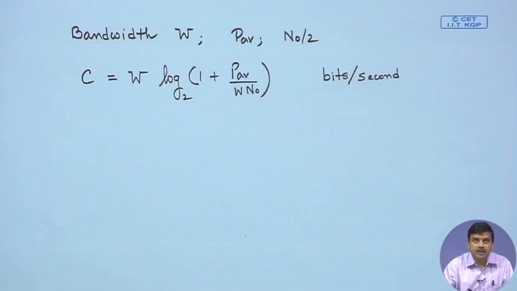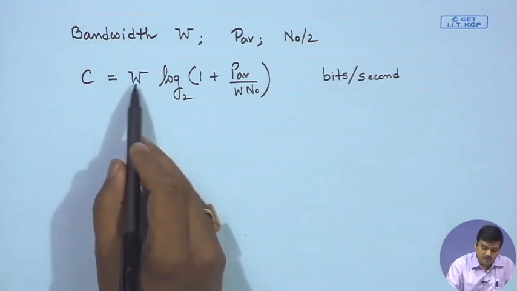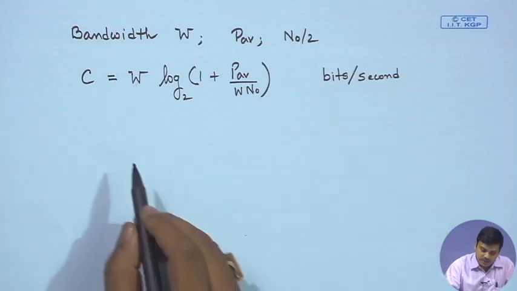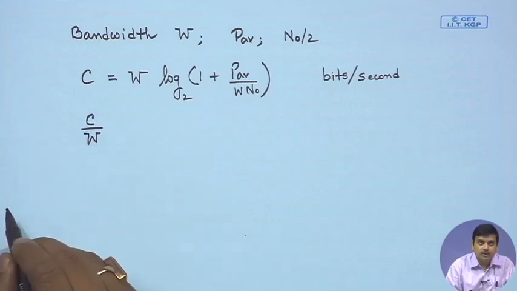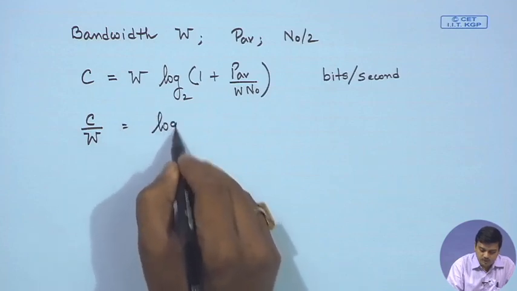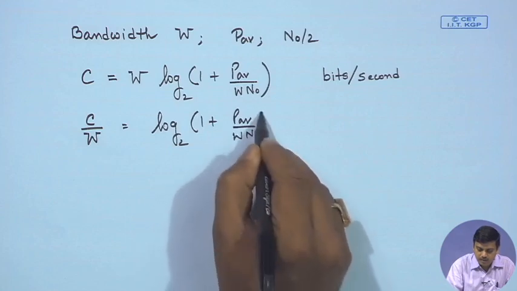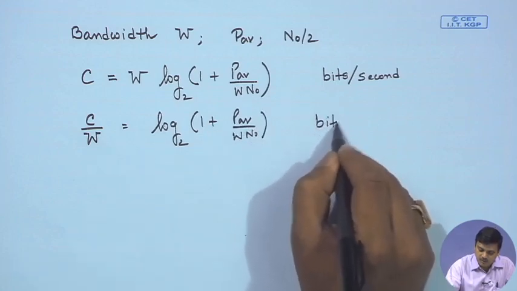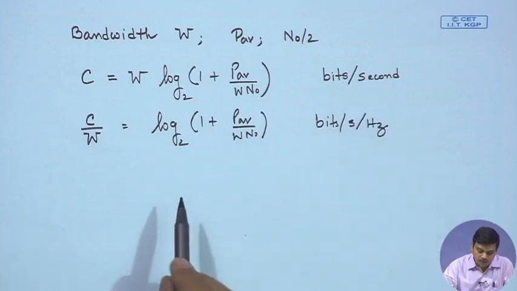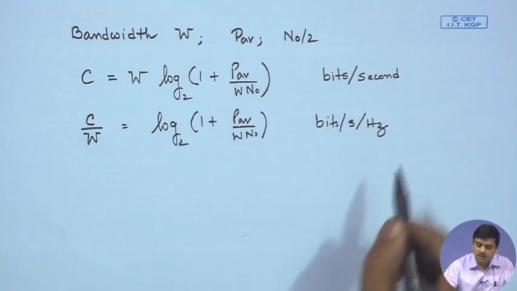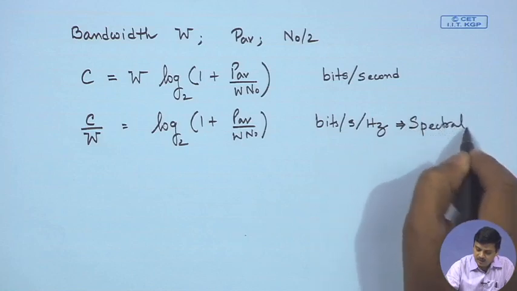You could also say bits per channel use, where the channel use T is 1 upon W. Generally we are interested in the term C upon W, which is log base 2 of 1 plus PAV by W N naught, in bits per second per hertz. Bits per second per hertz is an important entity, also known as spectral efficiency.